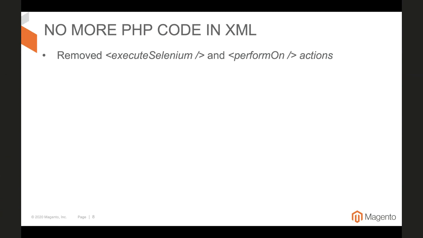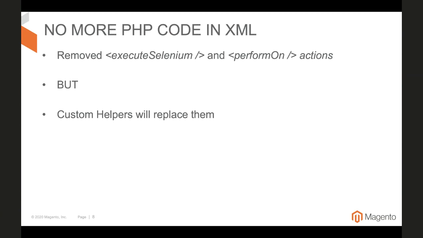First of all, we had a problem with how to put quotes for strings, for arguments, so it's not very easy to transpile this from XML to PHP, and some of those functions are not really readable and understandable for everyone, so we decided to remove those two actions from MFTF and not allow any PHP code to be written in XML. But we also introduced custom helpers to replace them.